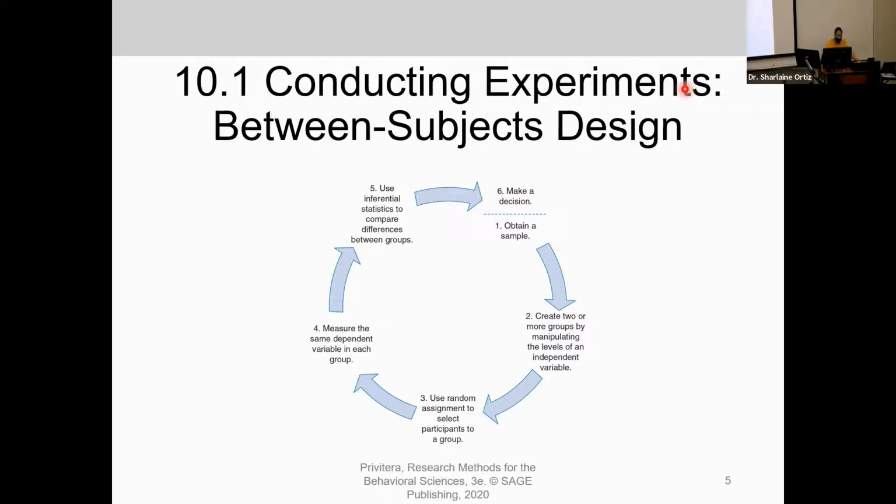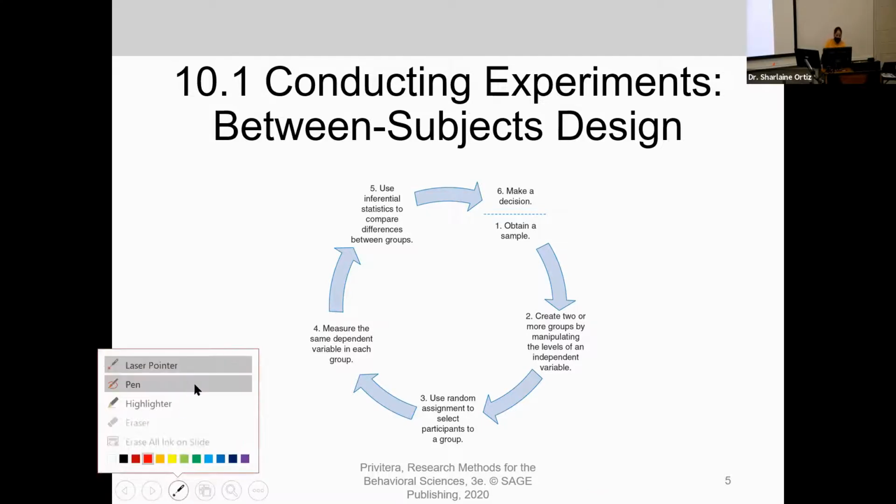The first thing that we would engage in would be to actually obtain that sample, a portion of that population that hopefully is representative, and we can conduct our study. The second step in between subjects design is creating 2 or more groups.